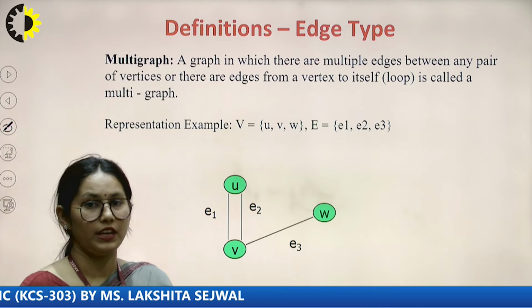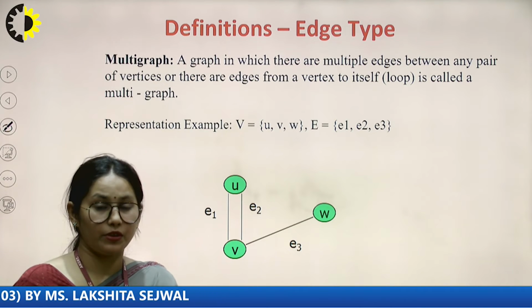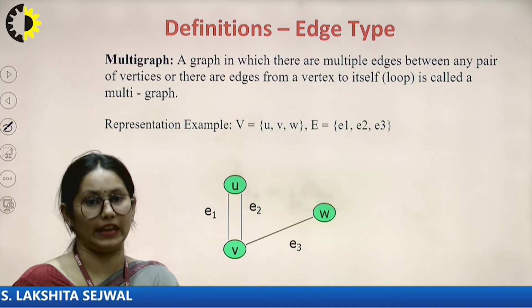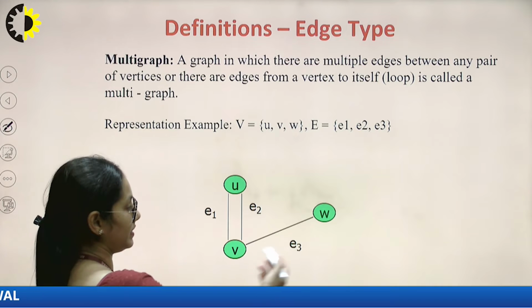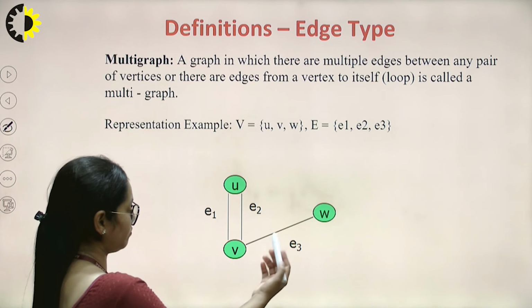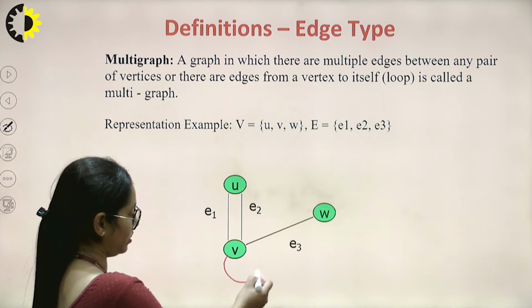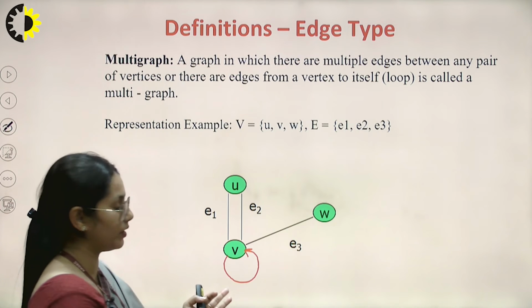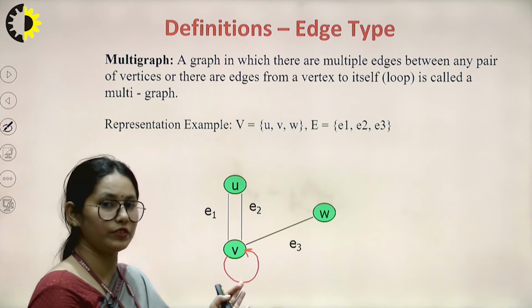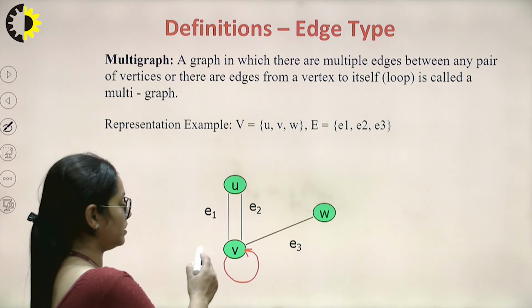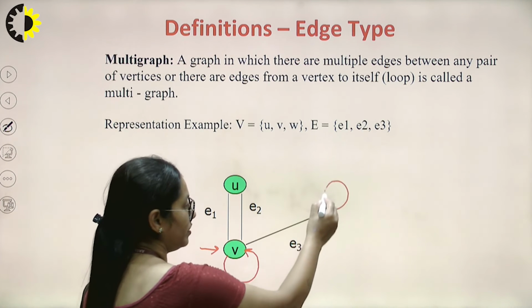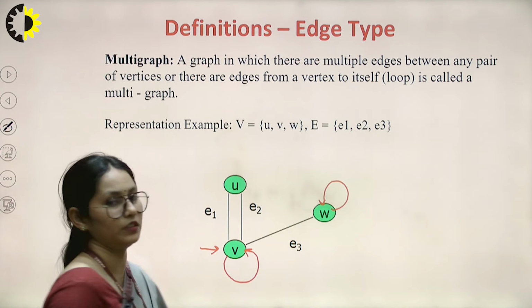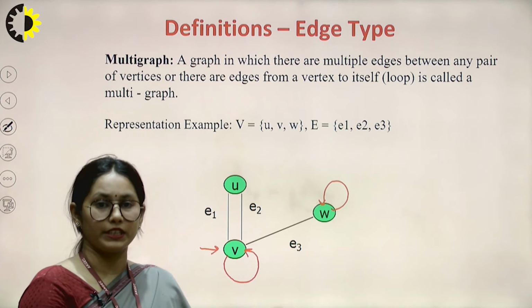So there are multiple edges between any pair of vertices, or there are edges from a vertex to itself. It could be anything. It could be like this also, so there is a loop here, with multiple edges associated with this particular vertex. Or it could be a loop here also. Then this is also a kind of multigraph.